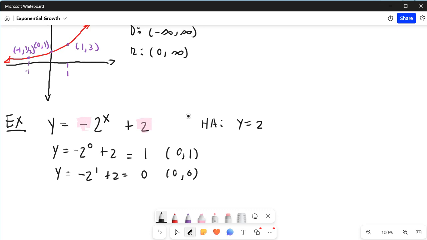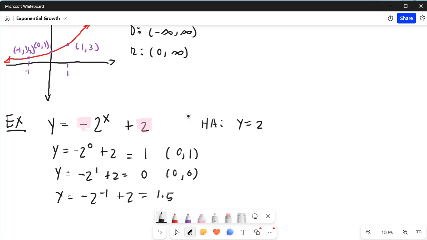Now, if we were going to, for example, plug in -1, well, that's going to be -2 to the -1 plus 2, which in either case is going to be 1.5.